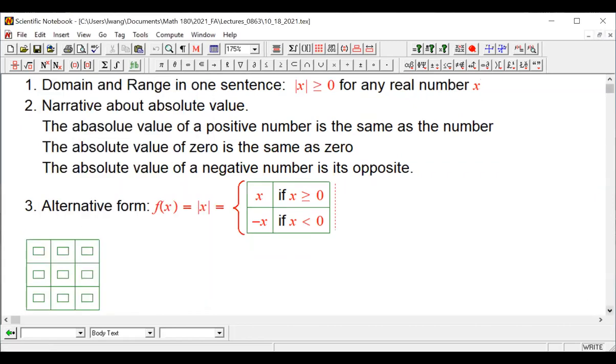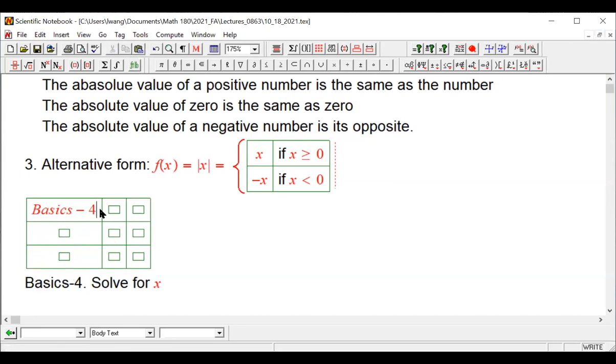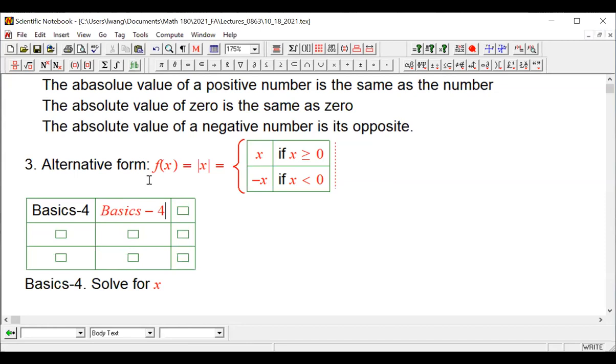We're going to talk about them in comparable terms. Basic 4 is solve for X. They're all about solving for X, and so are basic 5 and basic 6.